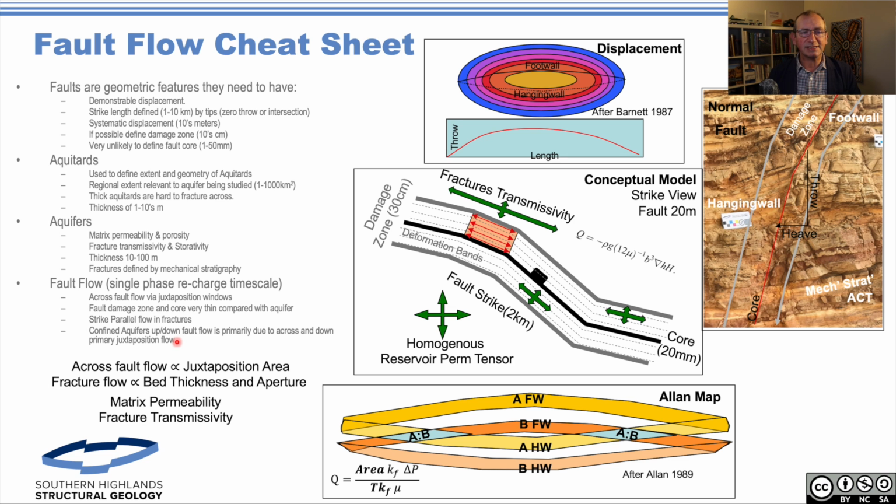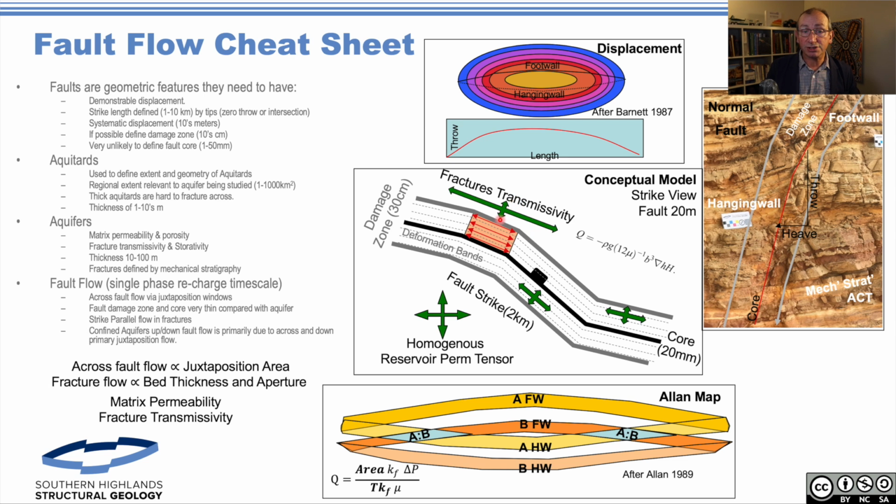And what we're going to see in this single phase flow system is that the strike is going to be parallel. So we've got this little diagram saying, look, I've got myself a fault core. I've got a damage zone with a width. Flow is going to be enhanced parallel to the damage zone. If that's my permeability tensor, my fracture transmissivity is going to be greatly increased, orthogonal.